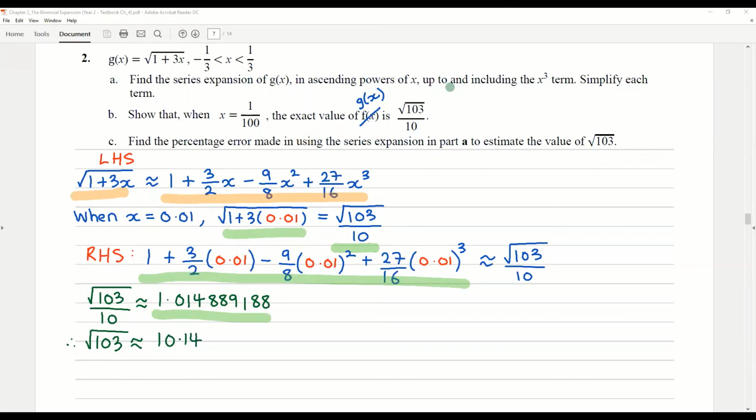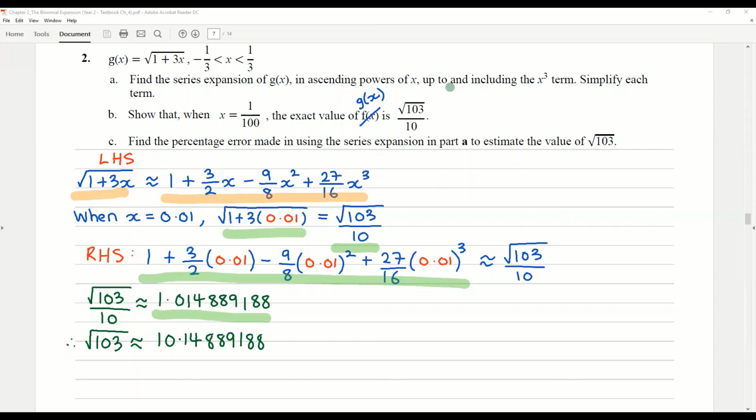So just times it by 10 on your calculator. Okay, so I think that must have been a terminating decimal. Okay, so that's our approximation.